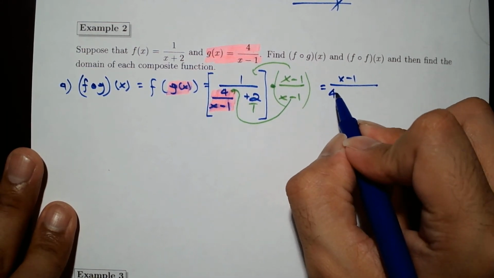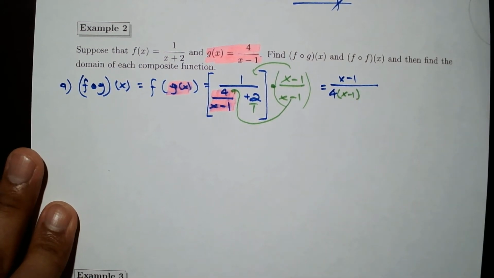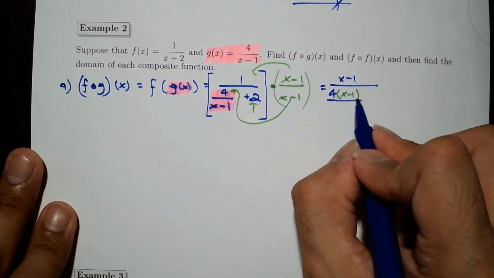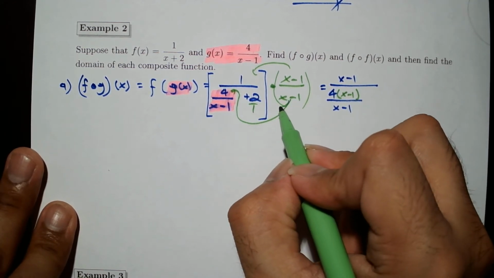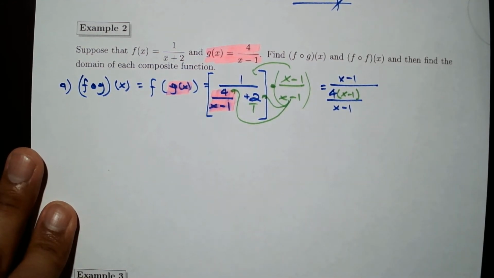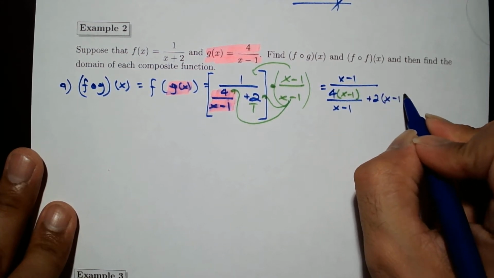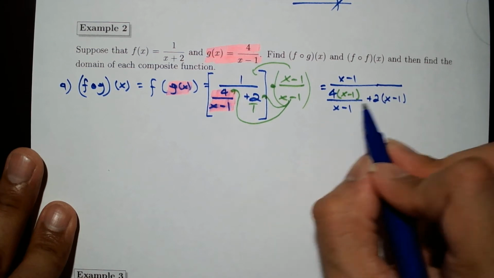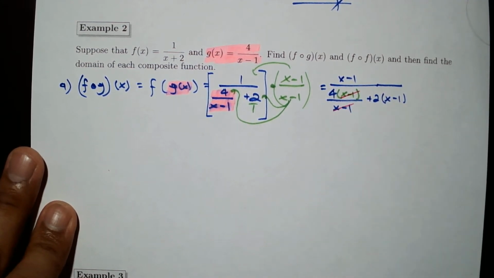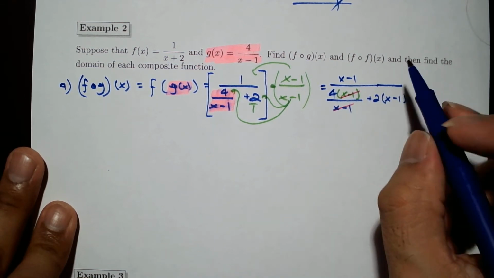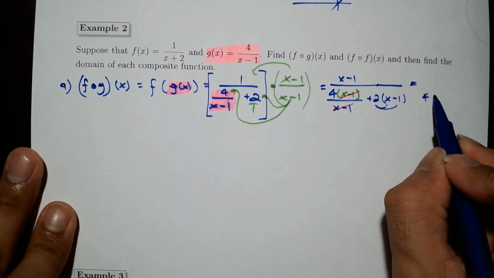That will be 4 times x minus 1, and then divide that by x minus 1. And then finally, 2 times x minus 1. In this case, this x minus 1 with x minus 1 cancel, and we are left with 4 plus 2x minus 2.